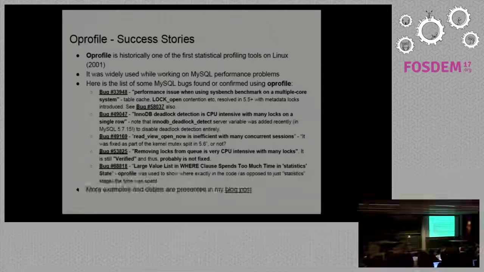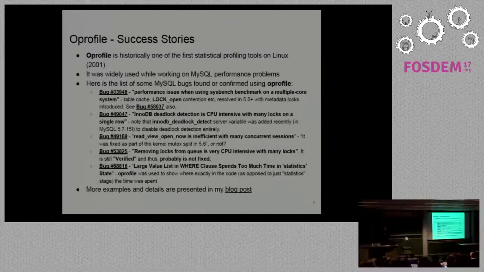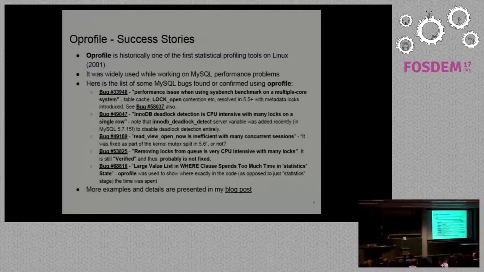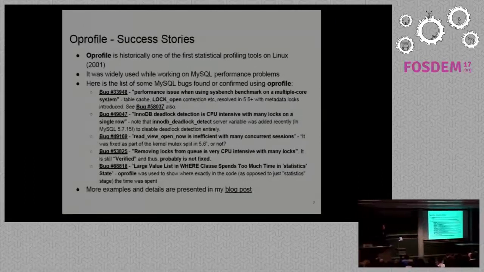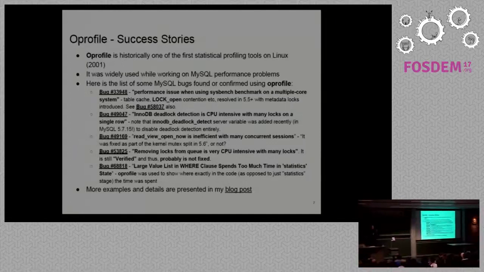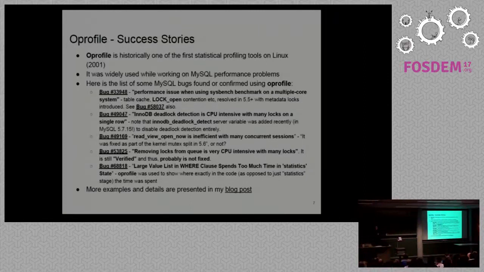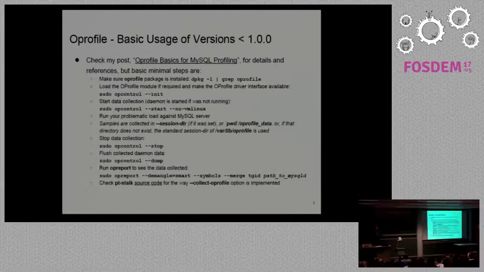So just check all the details. There are many more, probably 20 bugs that I picked up for my blog post that's already published, and you can find it and get more insights. So good people, well-known engineers like those who now work for Facebook, historically, like 10 years ago, were already spending time profiling MySQL and proving where the problem is with OProfile at that moment.